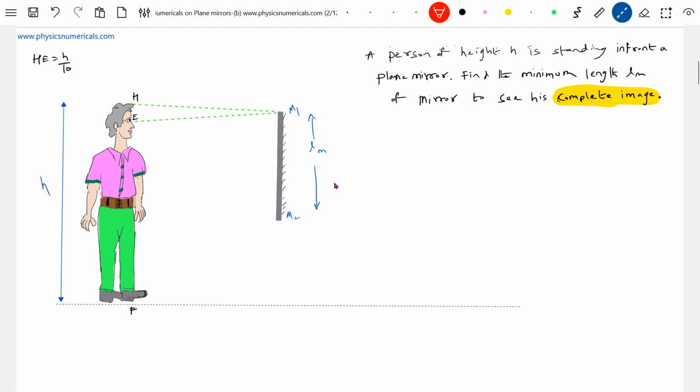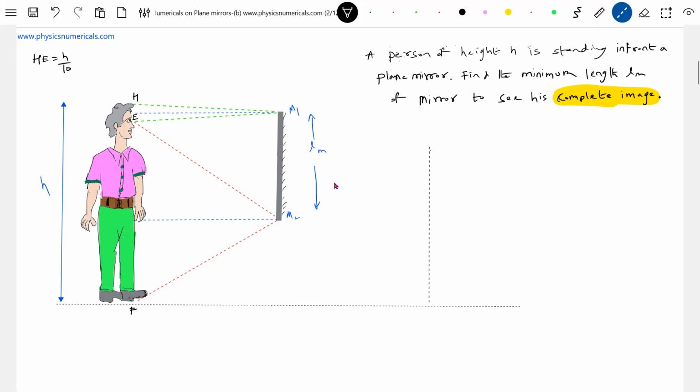Then the rays emitted by the foot after reflection should enter the eye. If this condition is satisfied, then everything works. Let me show it in a very simplified diagram.